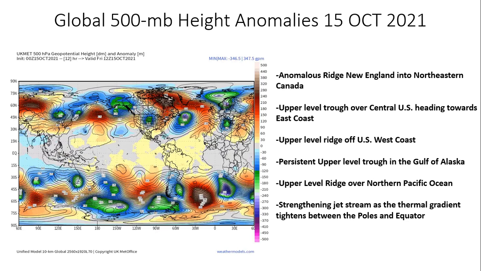We have a strengthening jet stream, which is quite normal as we are now in middle October. We're getting a much larger difference in the temperatures between the polar areas and the equatorial areas, and that thermal gradient is tightening up, resulting in a tightening height gradient. So generally, this is the pattern we're looking at.